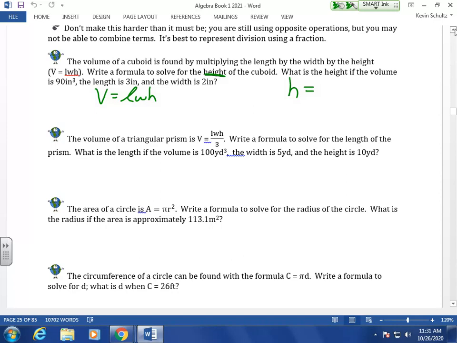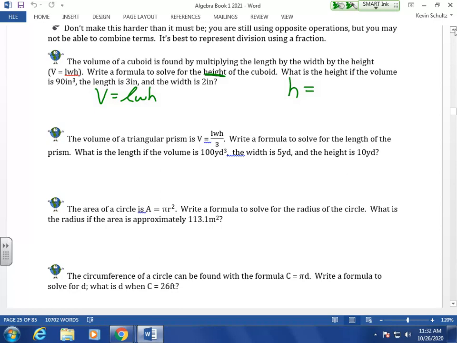Gabby, what do you think? Do like L times W divided by V. Right. So other way around actually. But yeah, you're in the right train of thought here. So just like any other equation that we're solving here, if we want to get H by itself, we say, what are we doing to H? What's being done to H so that we can undo it? What's being done to H is we're multiplying it by the length and the width.